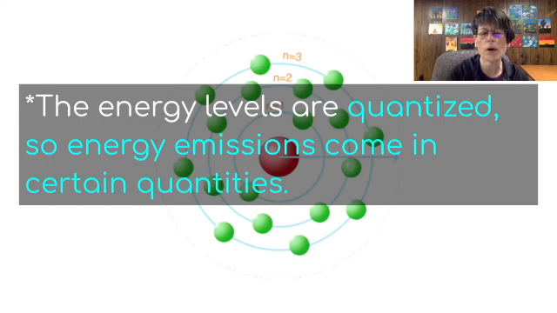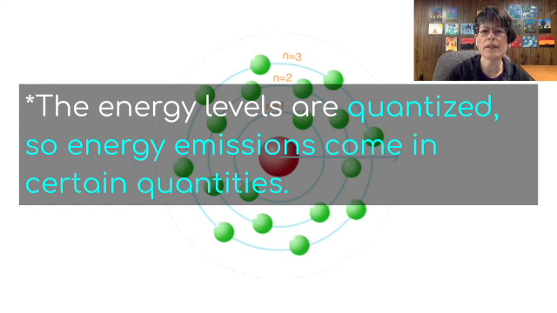And this is what Bohr recognized that as they jumped up and fell down, there were different quantities of energy released, and these were shown, as we saw in the line spectrum, with different colors. So the more energy released, the more towards the blue purple end of the spectrum. The less energy released, the closer to the red area of the spectrum.